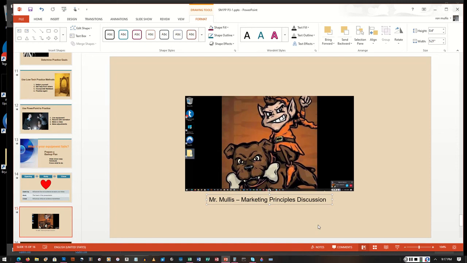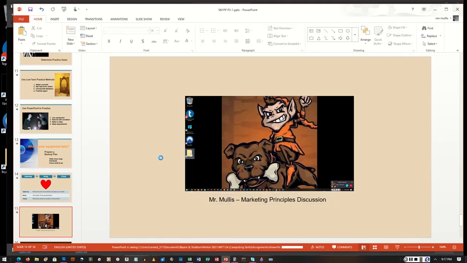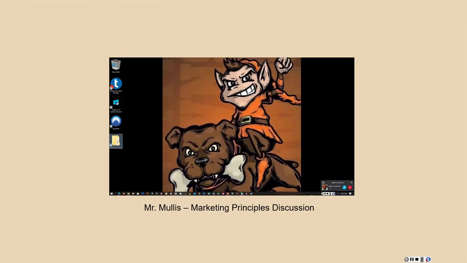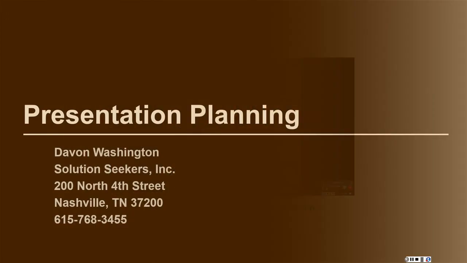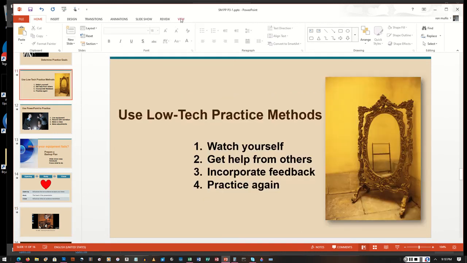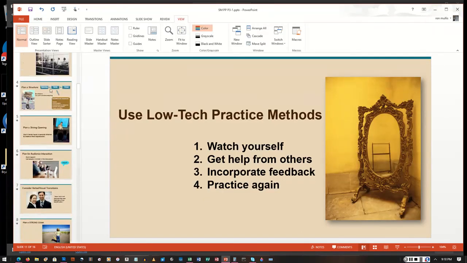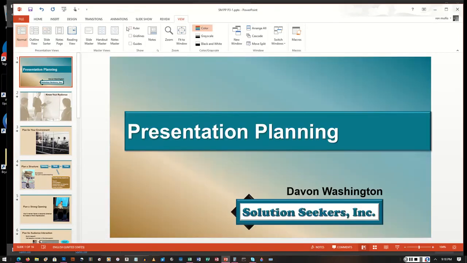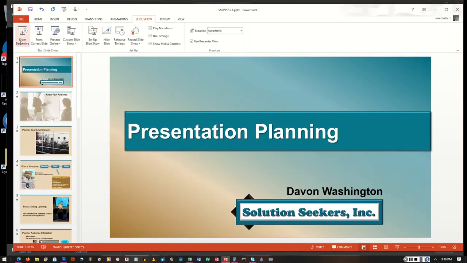Step 10 says test all of your transitions and animations in your presentation. So before I do that, I want to make sure I do a Control S to save. All right, and to test it out, I'm just going to click on Slide Show, and I see that slide works. All right, and that's the end of the slide, but we can go ahead and scroll back up. And preview.